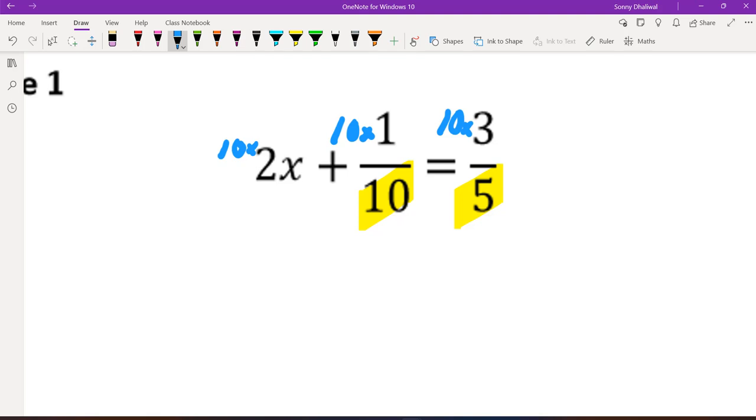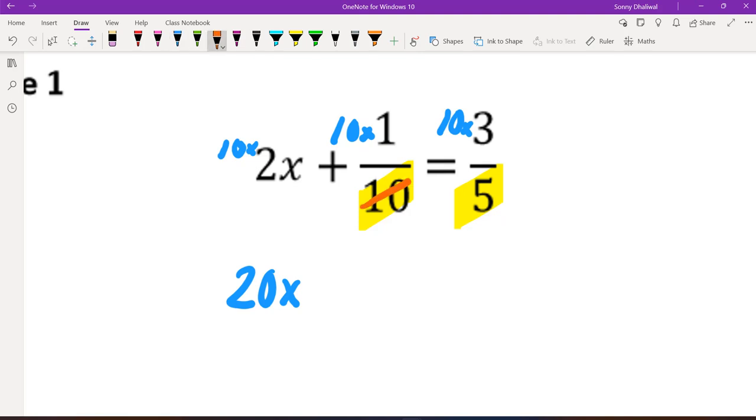Now we try to get rid of the fractions where we can. On the first one, there was no fraction here. So we just do this calculation. 10 times 2 is 20. And we still have the x. Second term. How many times does 10 go into 10? What do you think, Hennessy? Once.